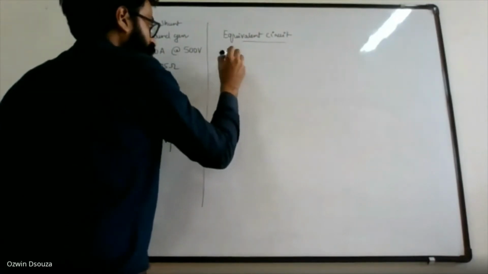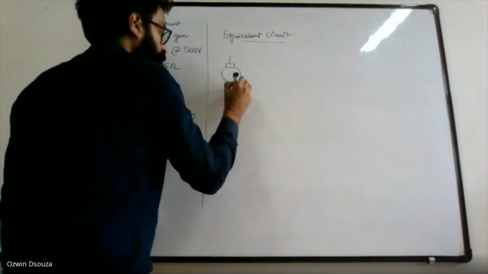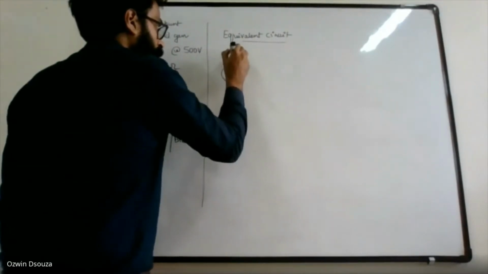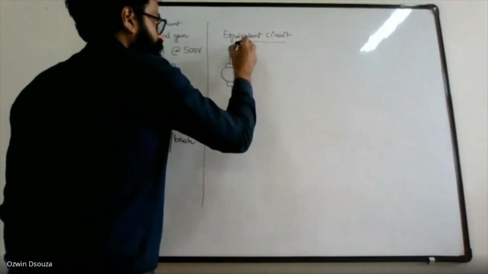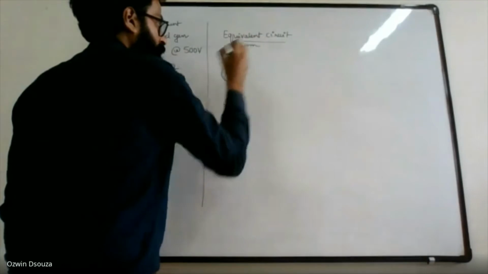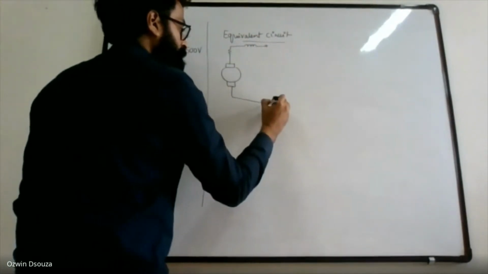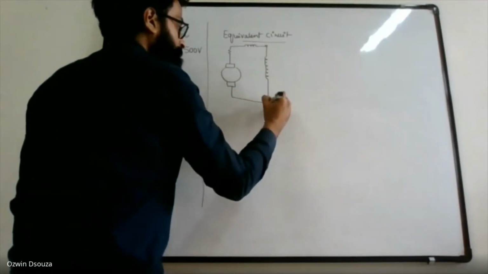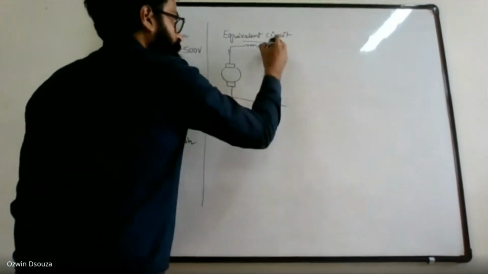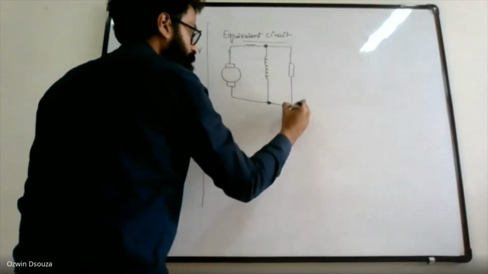In case of long shunt, what happens is that the series field is connected first, followed by the shunt. And this is then connected to the load.